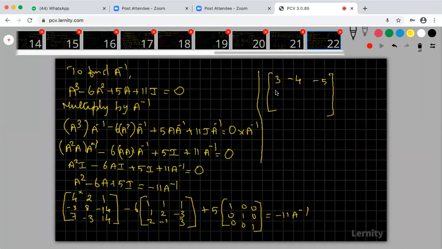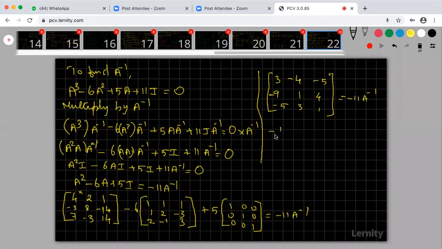You will get the answer as 9, minus 9, 1, minus 9, 1, 4, minus 5, 3, 1. This is equal to minus 11 A inverse. Simplify.